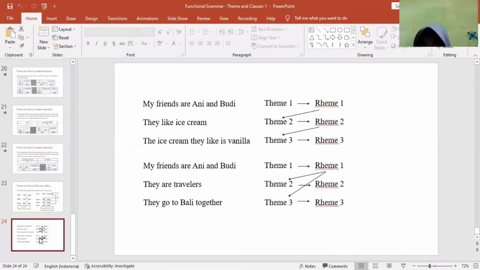"They" is theme 2, and "like ice cream" is Rheme 2. I pick up the ice cream from Rheme 2 and place it into the third clause as theme 3. "The ice cream" becomes theme 3, and the rest becomes Rheme 3.